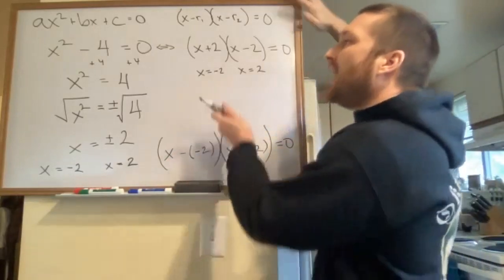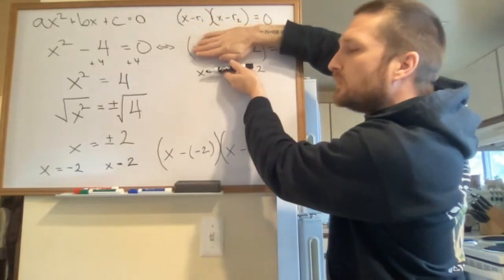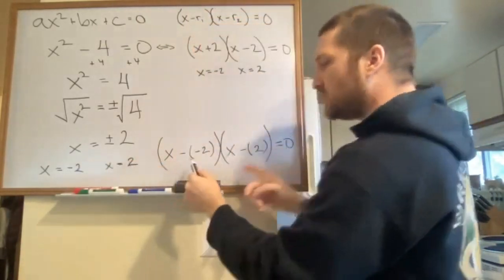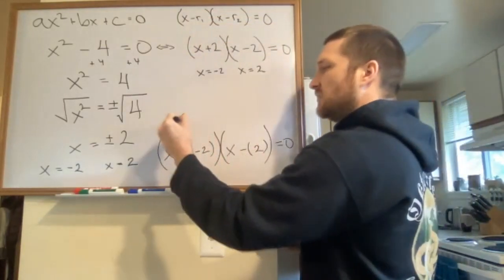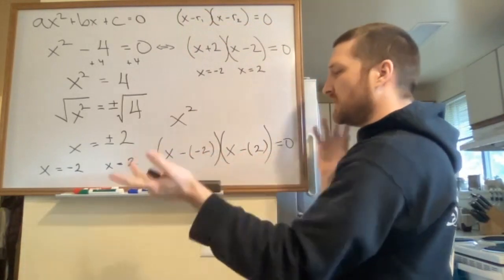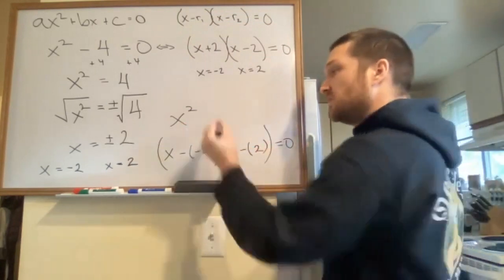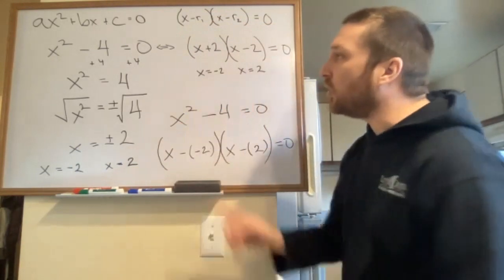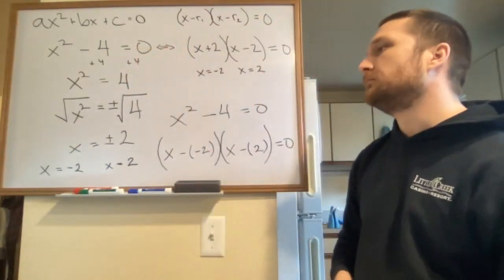If this were something that we didn't know how to factor, we'd be able to say, well, wait a second, hold up. If these are the roots of the polynomial, you could start right here. And then first, outer, inner, last, and you'll get, well, let's see, x squared, outer is -2, inner is +2, it cancels. Minus is positive, -2 and +2 are -4. And hey, lo and behold, we have our original polynomial back.